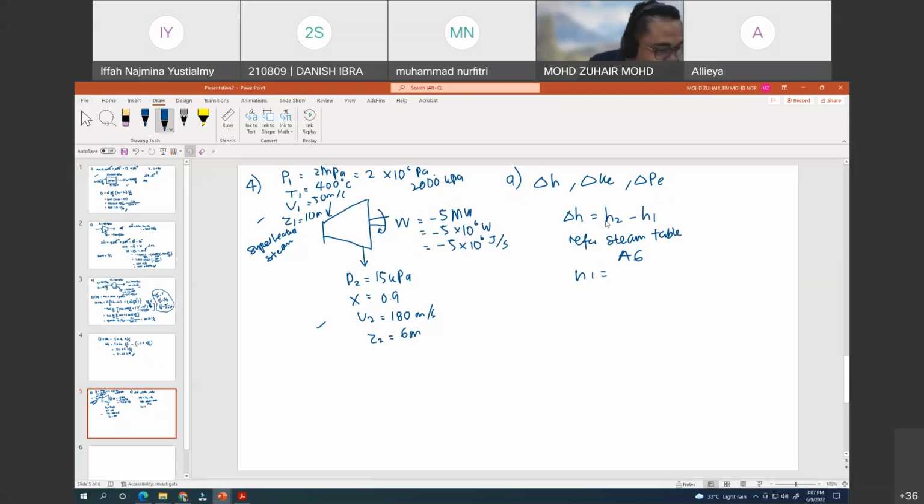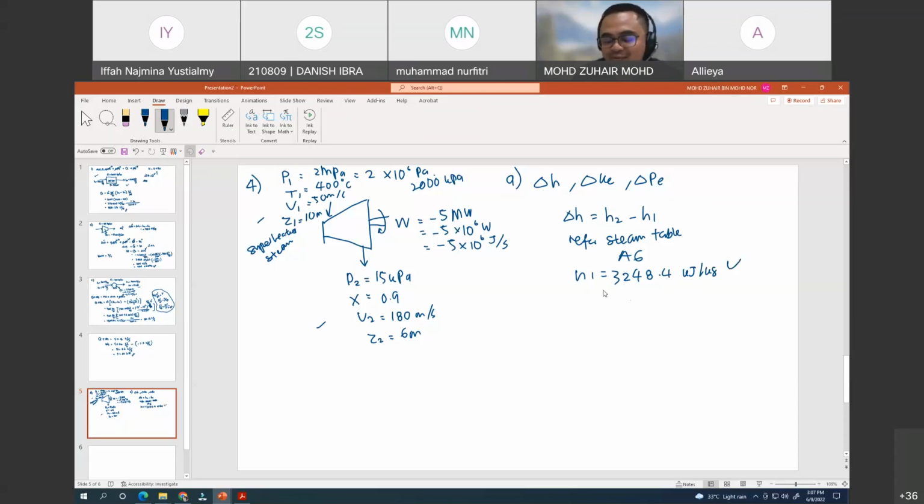Anyone? 3248.4 kilojoule per kg. Okay, H1 dah settle.